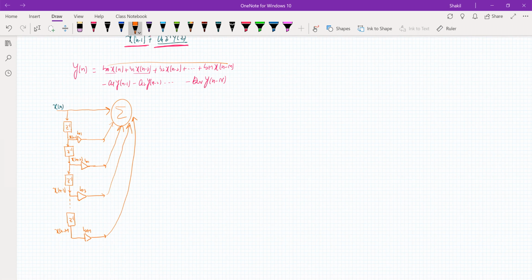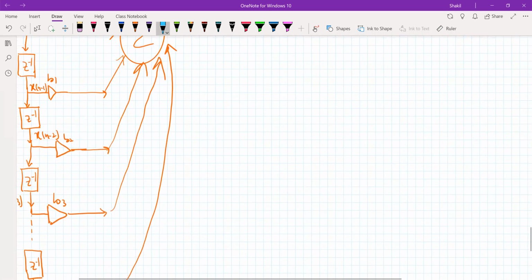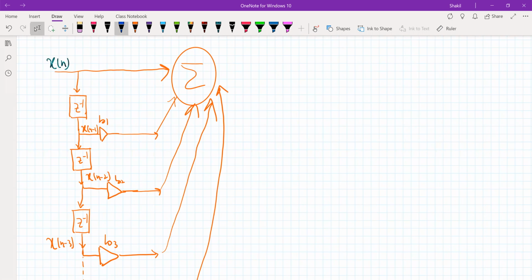So now I have realized this part. You can check. And because here I don't pass it through a delay, I will use a multiplier here.